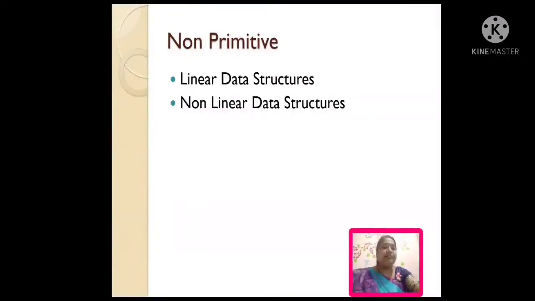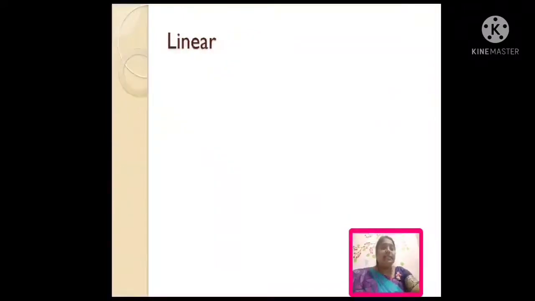whenever we want. These are all the types of linear data structures: array, list, stack, queue. Why do we call these linear data structures? We all know about arrays previously. An array is a data structure which stores data continuously.